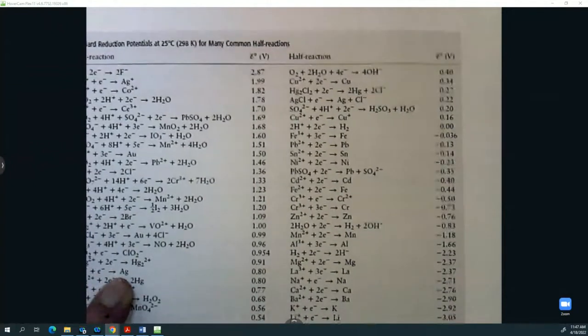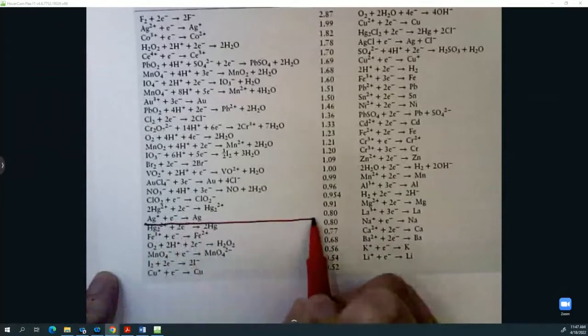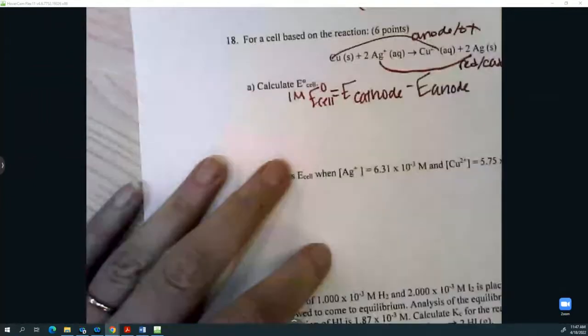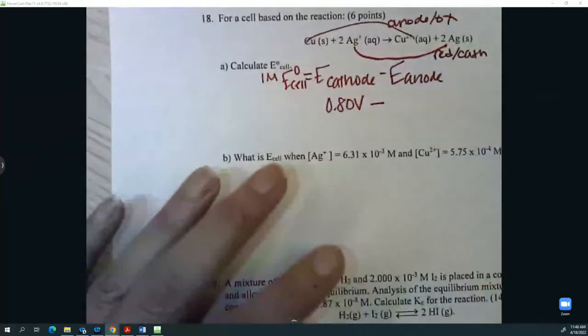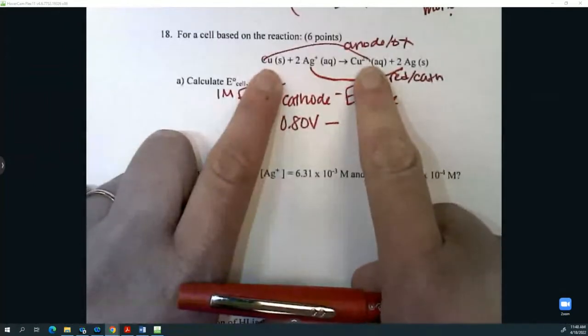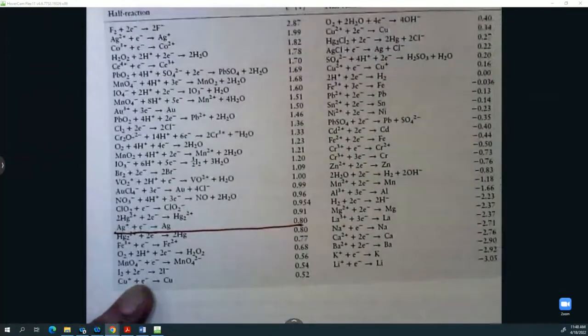Okay, here it is. So that is 0.80. And then I need to find between copper and copper 2 plus. Here's copper plus, so that's not it. Okay, here's copper and copper 2 plus.